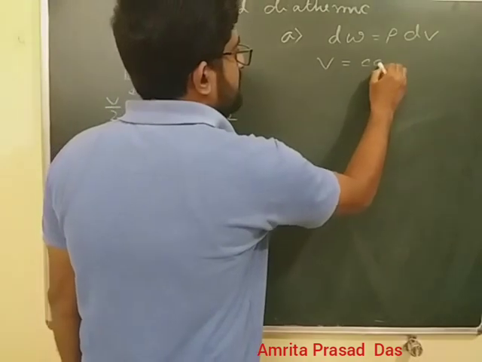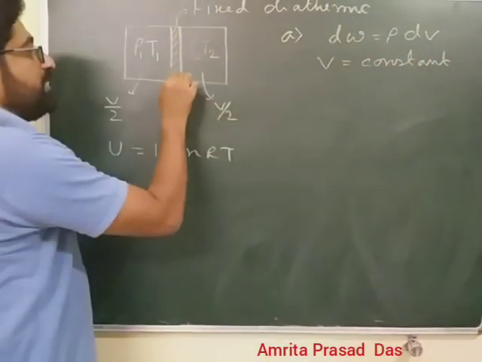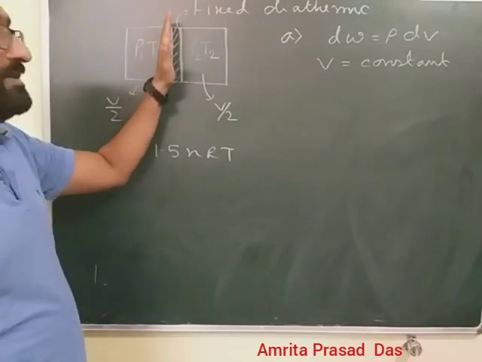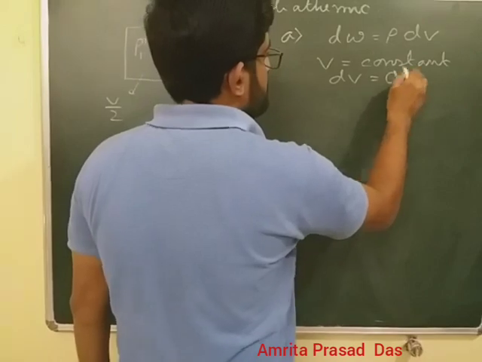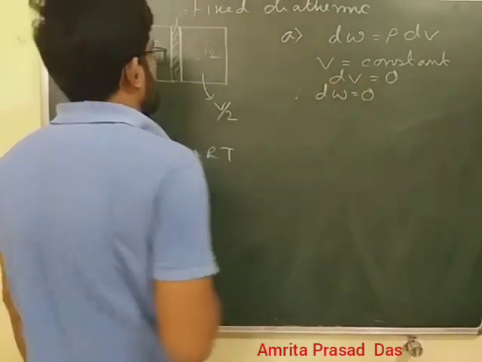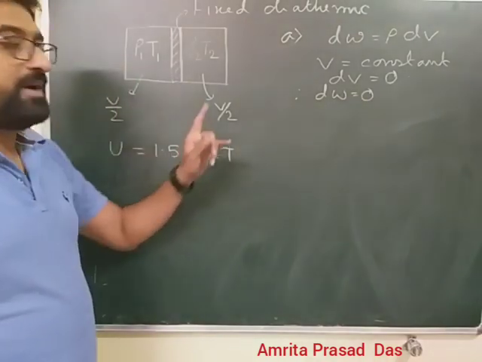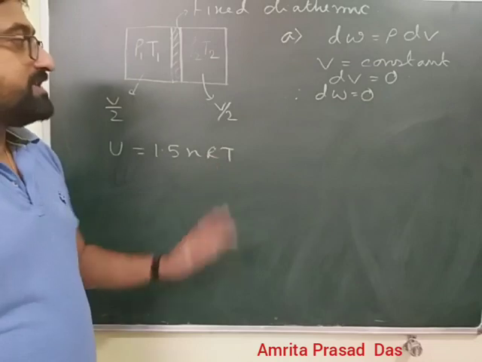V is equal to constant. As the separating boundary is fixed, dV is equal to 0, therefore dW is equal to 0. So the work done on the left part is 0. This is the answer of the first part.